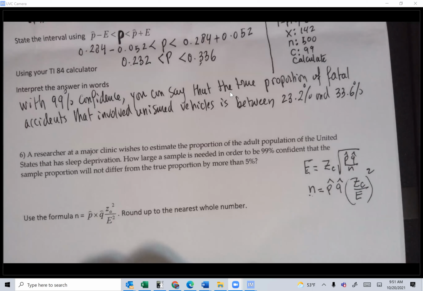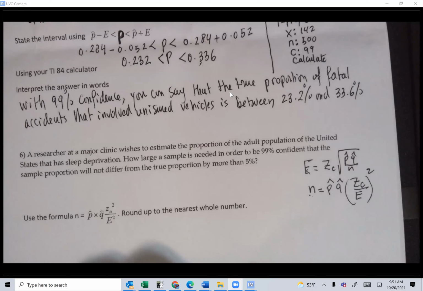So a researcher at a major clinic wishes to estimate the proportion of the adult population of the United States that has sleep deprivation. Why is it important to figure out the sample size before you do the research? Because the sample size will determine the margin of error. Remember, guys, the larger the sample size, the smaller the margin of error.